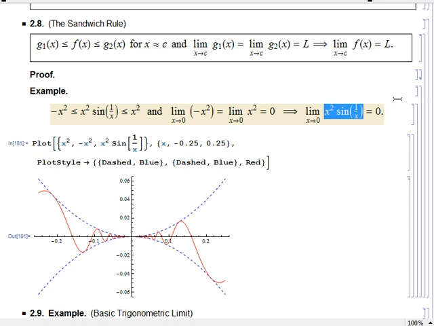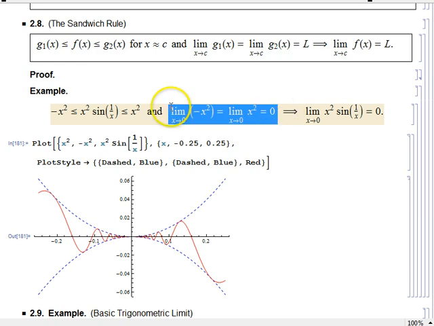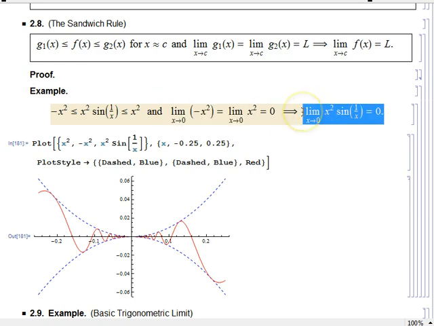However, because sine is always between -1 and +1, isn't it? So x squared times sine of 1 over x has to be in between -x squared and +x squared. And what about those limits? They are both 0. Consequently, the limit of this badly behaving function has to be 0 as well.